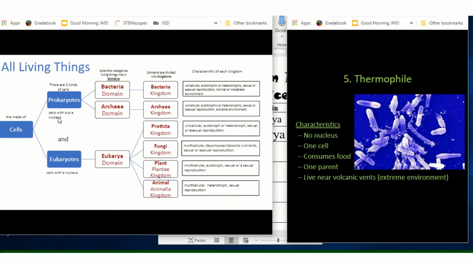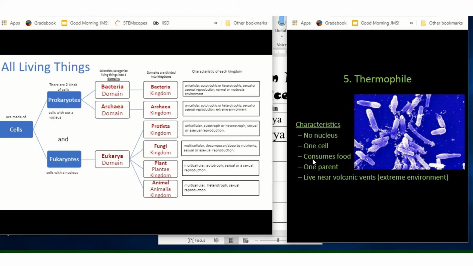Well, so that tells us that it's a prokaryote cell, but there's 2 domains to choose from here. So we can't pick a domain yet because we don't know which one. So it says 1 cell. So we look at the characteristics, unicellular, unicellular. Didn't tell us anything.